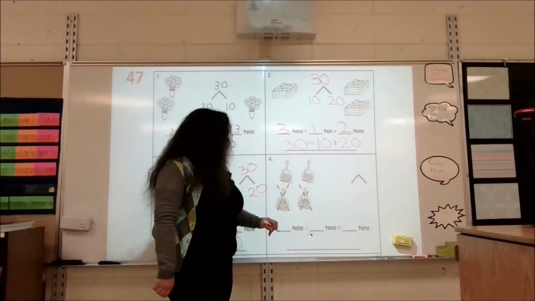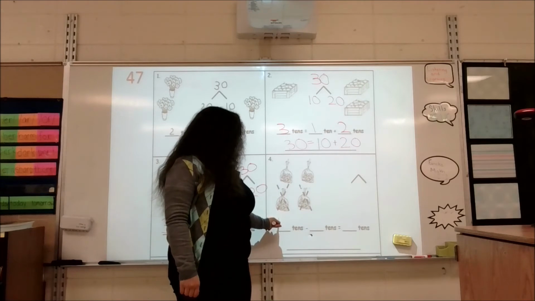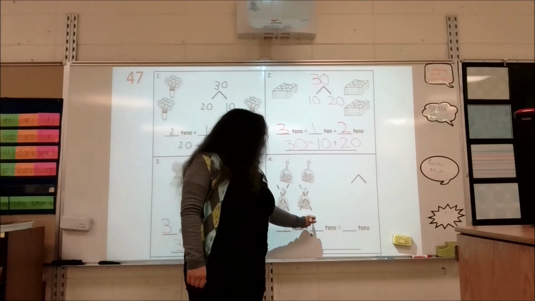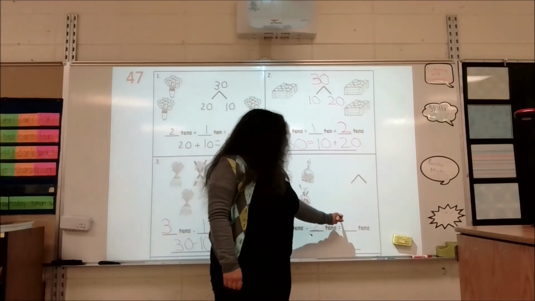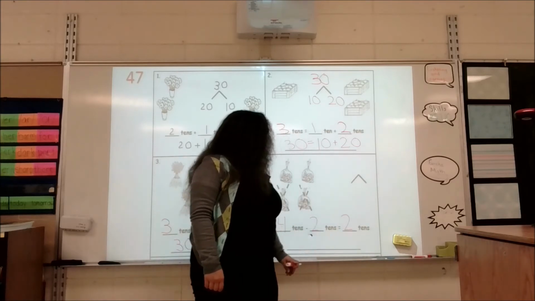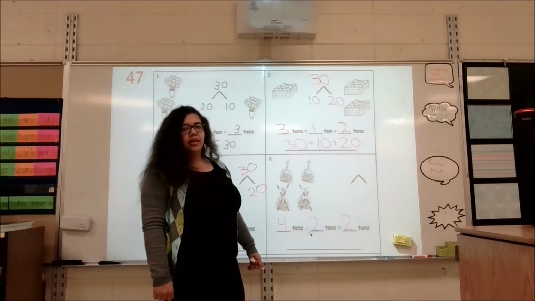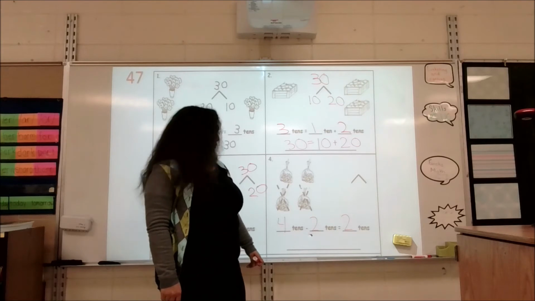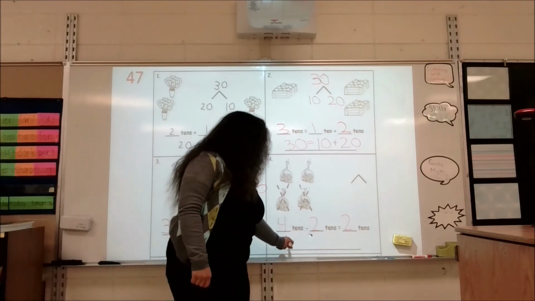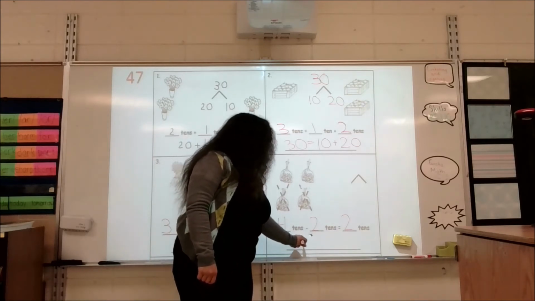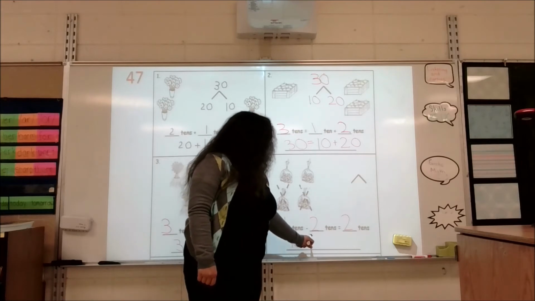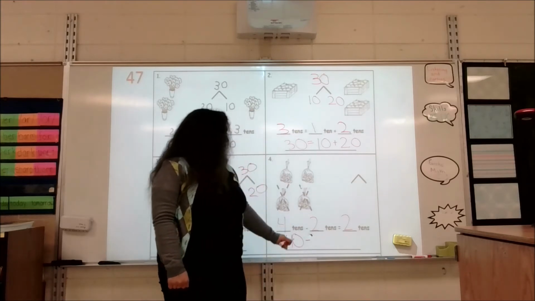Okay, so let's fill in that number sentence. 4 tens minus 2 tens is equal to 2 tens. What is the value of 4 tens? 40. Good. The value of 4 tens is 40. And from that 40, we are going to take away 2 tens.